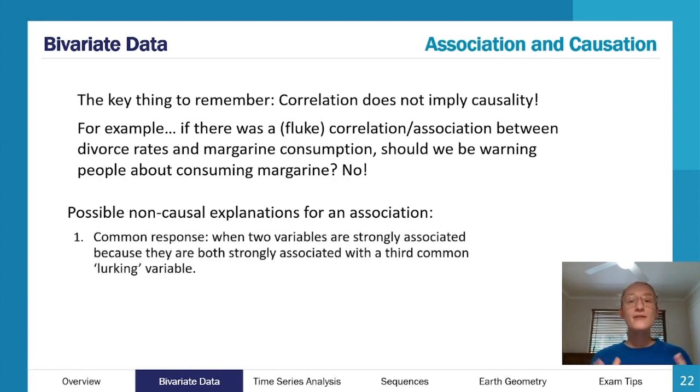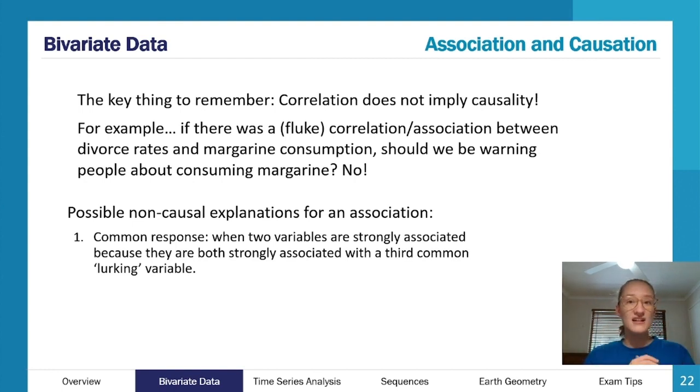So the first one, common response, is when two variables are strongly associated because they are both strongly associated with a third common lurking variable. So this is where general maths isn't black and white using formulas. You've got to do a bit of thinking, which is why I find it quite interesting. So for example, if a study found a really strong association between the number of scarves worn and the number of hot chocolates sold, does that mean they are directly correlated?